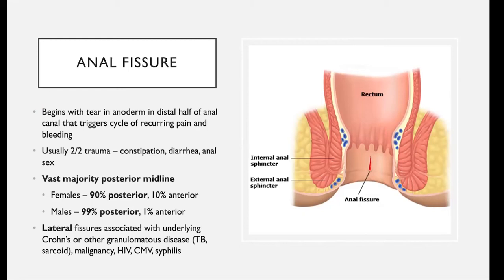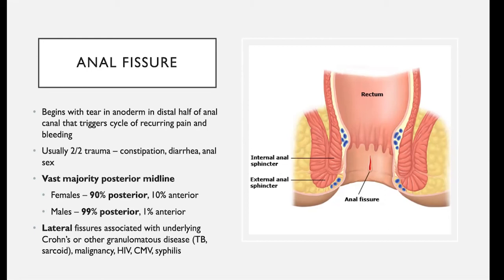The vast majority of anal fissures are located in the posterior midline. You can see in females, it's about 90%, in males, it's 99%. So the vast majority of anal fissures are posterior midline. And if you have a patient that has an anal fissure located more laterally, you have to really think about other disease processes being the inciting factor.